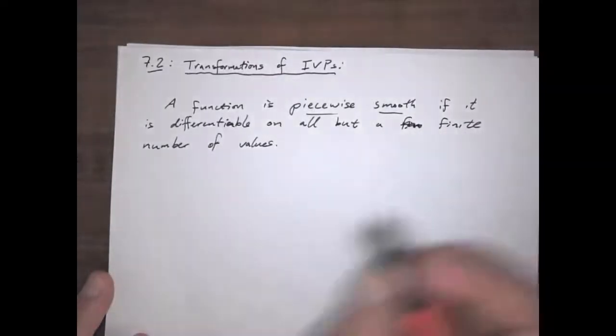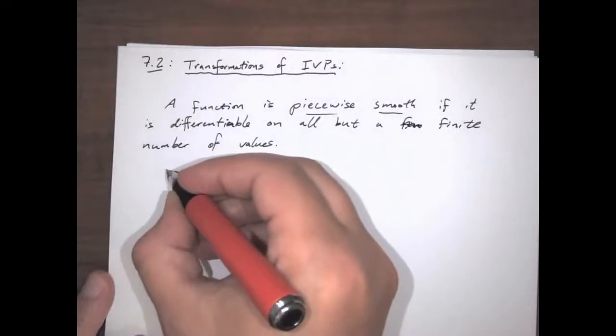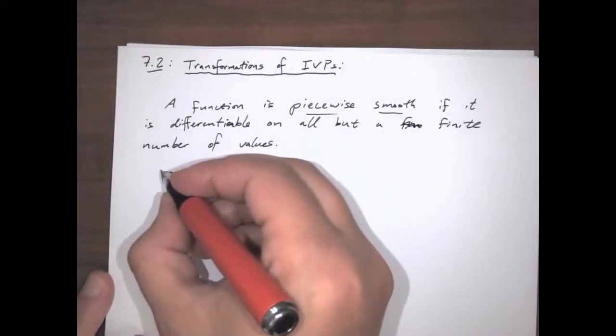Examples of this would be basically everything that we have known and loved, except for such things as maybe a tangent, things like that.